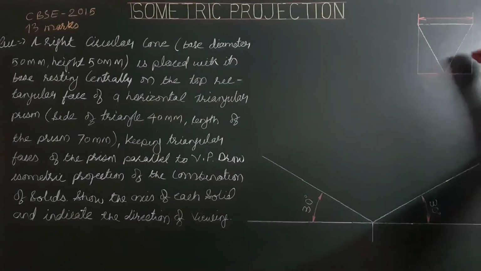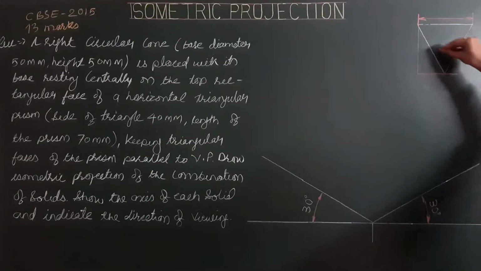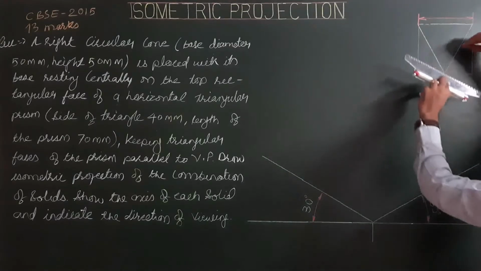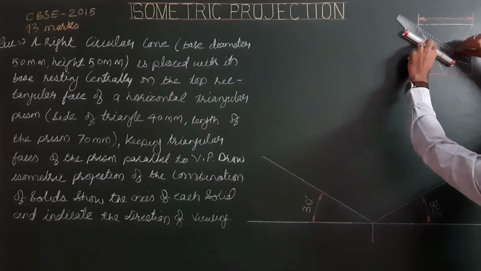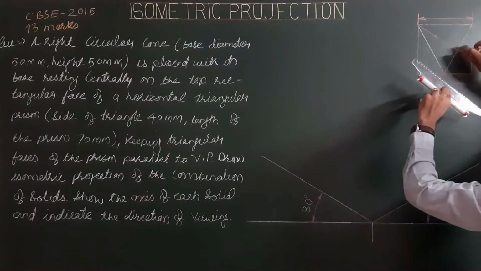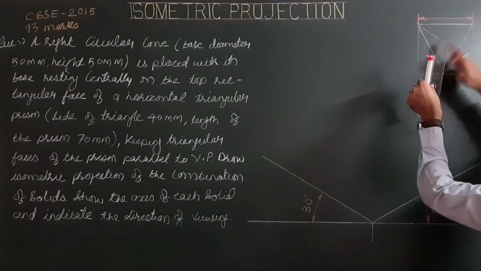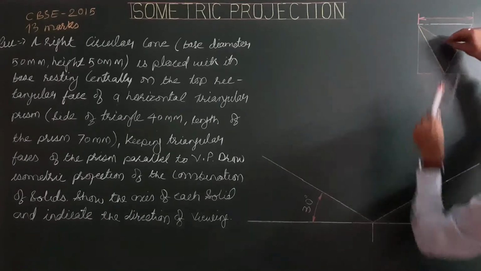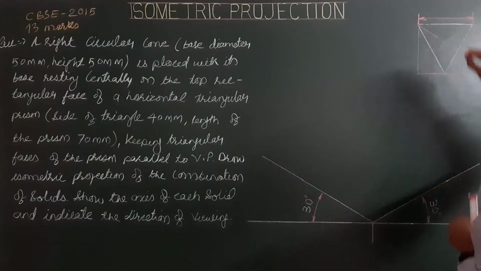Next, we have to locate the center of the triangle. For locating the center, draw lines from midpoint to opposite corner; the common intersection point is the center.